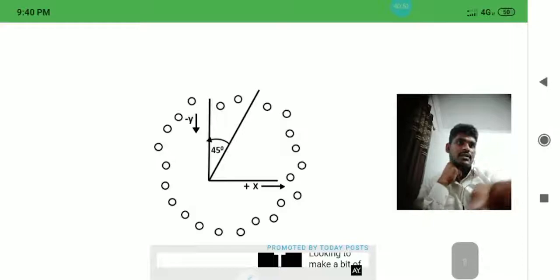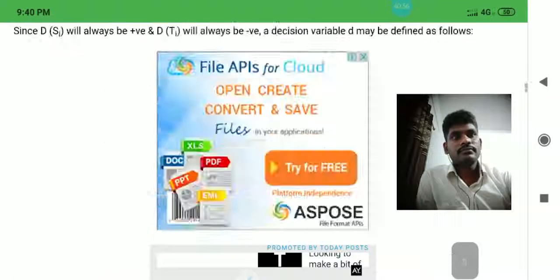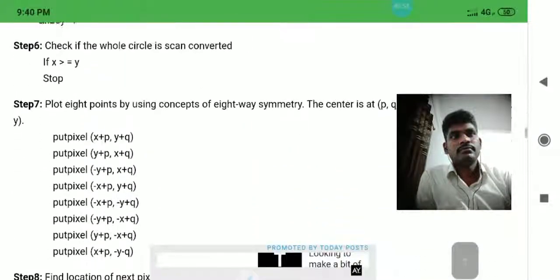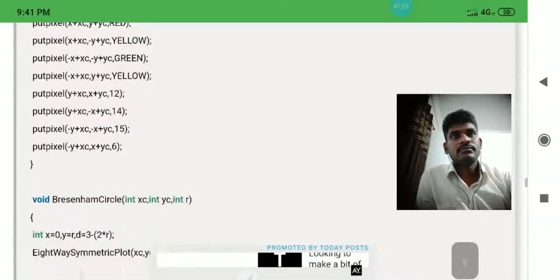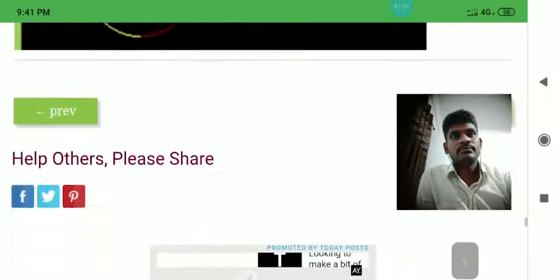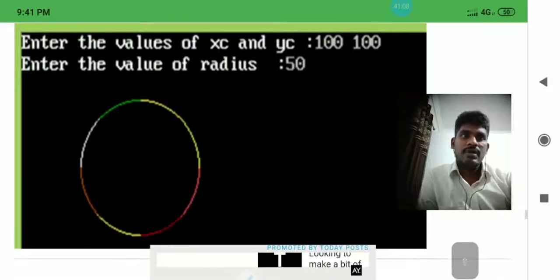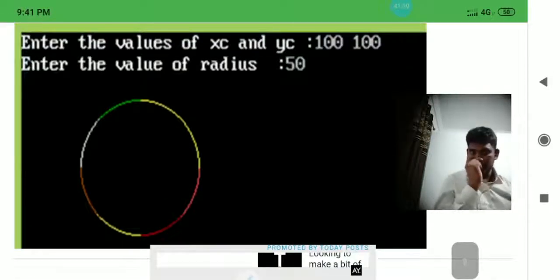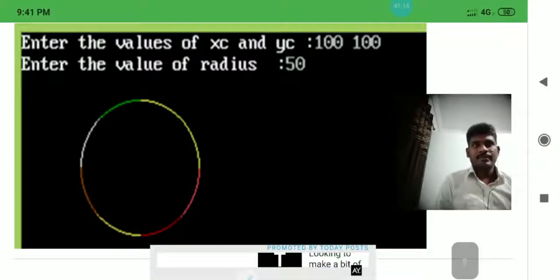How are the pixels selected in a circular way? We'll see the output. This is the circle drawn. Just look at here. So finally the circle is drawn. This is the output.